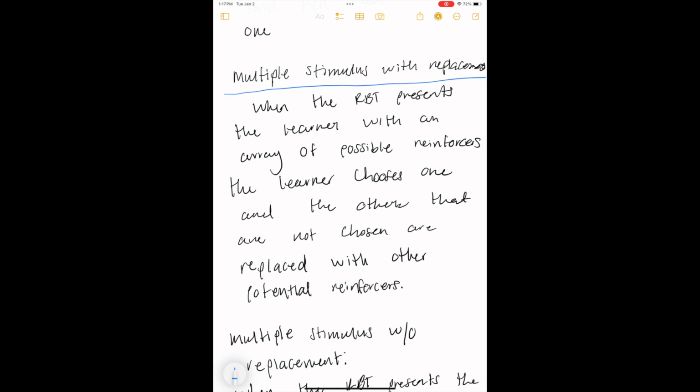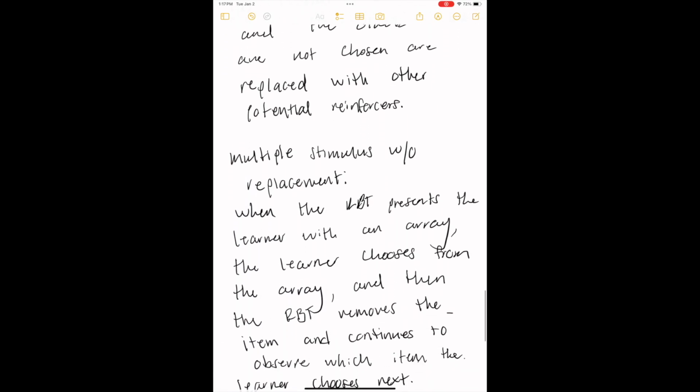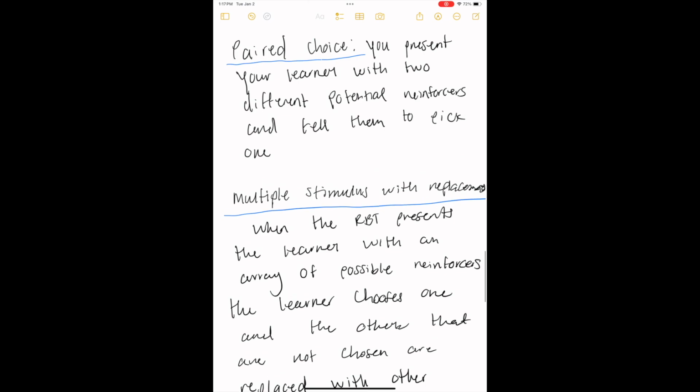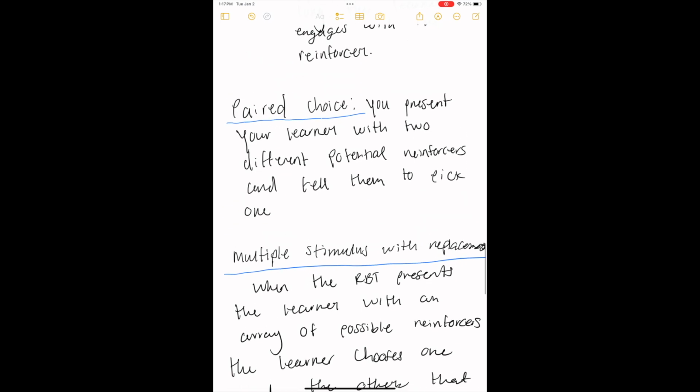If your learner has limited interests, like cars, blocks, and toy guns, you can put them together in an array and see which one they pick, which might be the one they like the most.